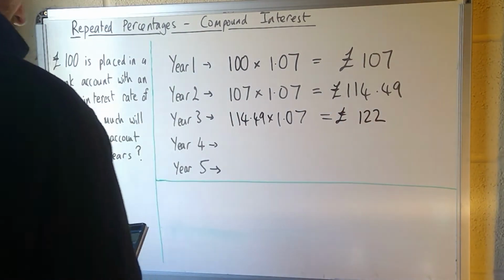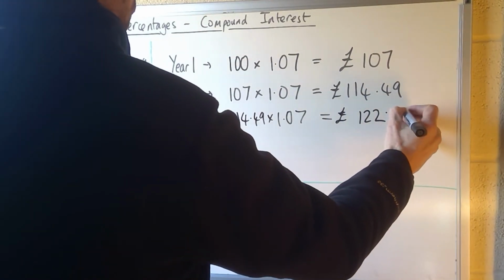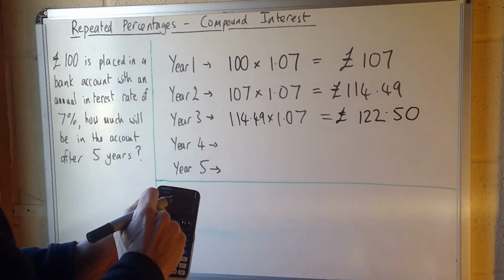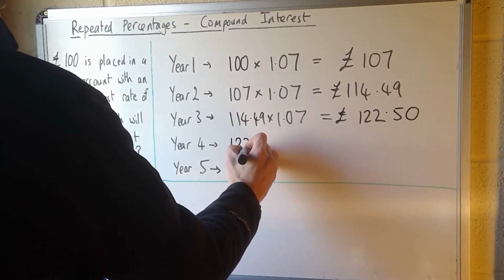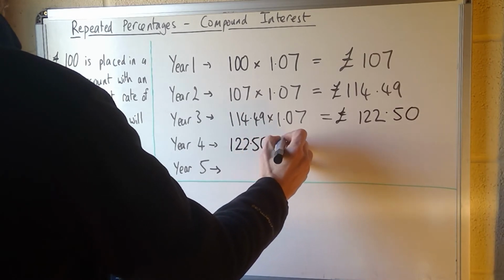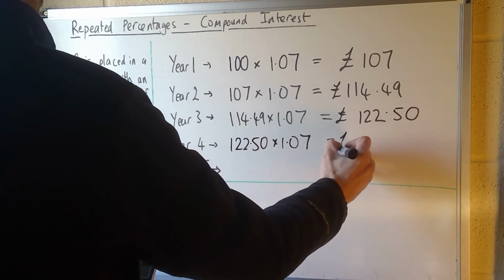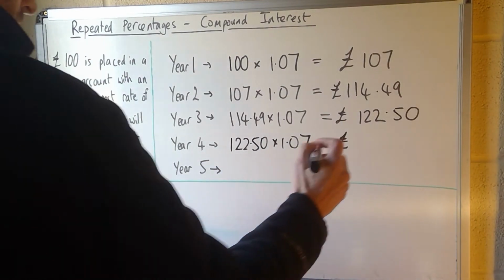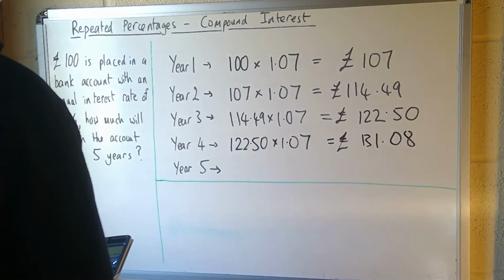And I get a number on my calculator that's actually got 4 decimal places, but I'm going to round it to 2 because it's pound and pence, but I'm going to keep the full number on my calculator screen so we've got more accuracy. So £122.50, once again multiplied by 1.07, gives me £131.08.